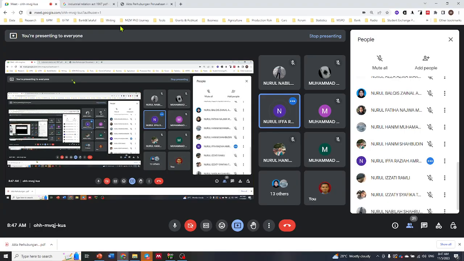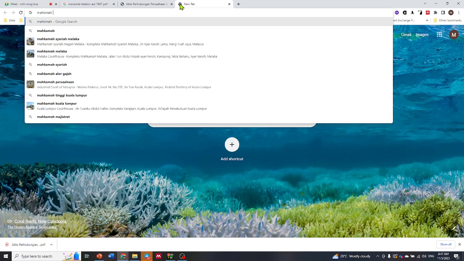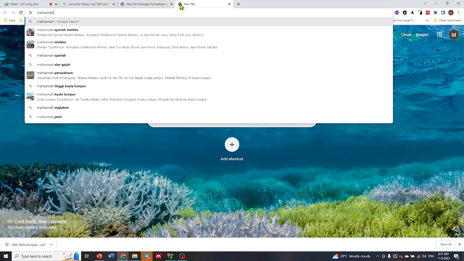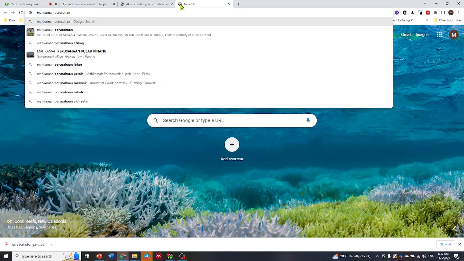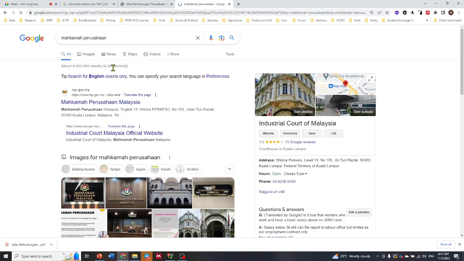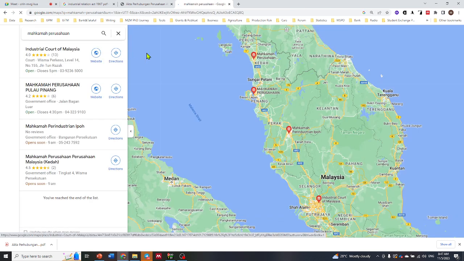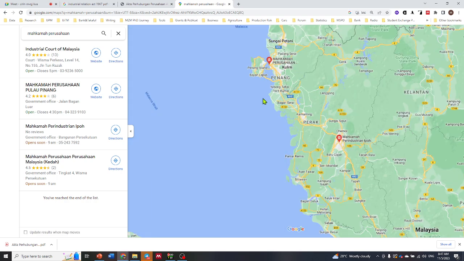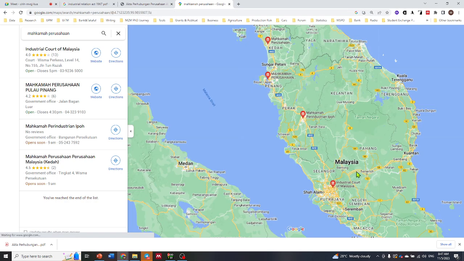Kuala Lumpur. Dekat mana Kuala Lumpur tu? Wisma Perkeso. Ya ke? Mahkamah Perusahaan Wisma Perkeso. Sekejap saya tengok. Dah tukar alamat dah ni. Wisma Perkeso Jalan Tun Razak.